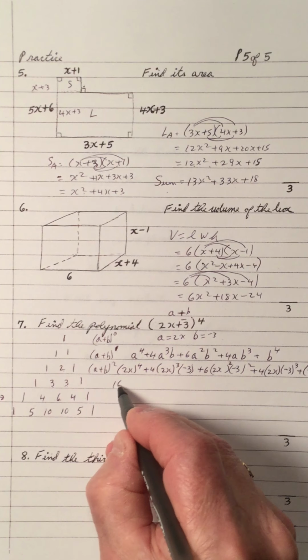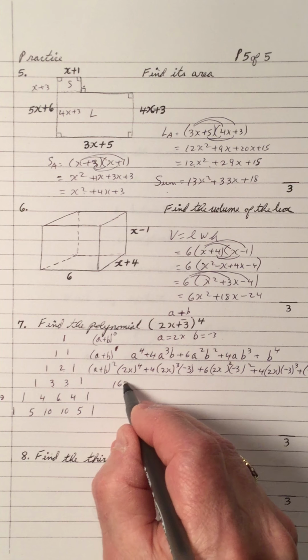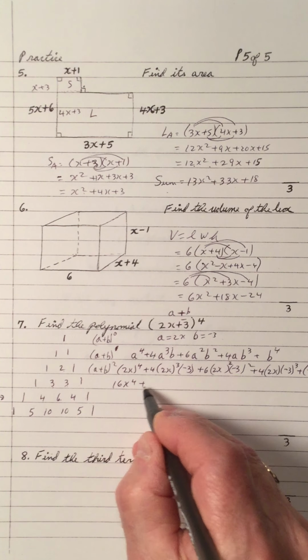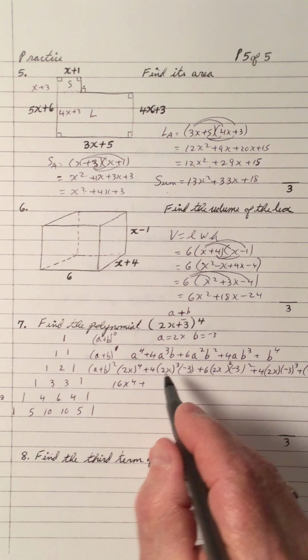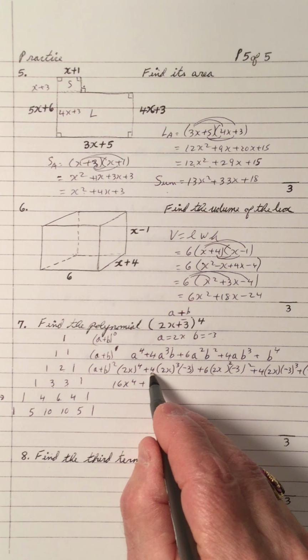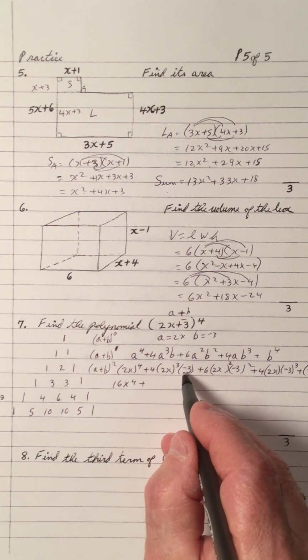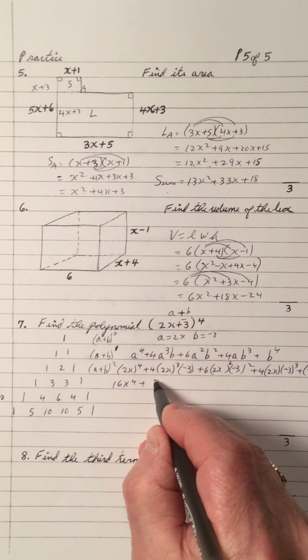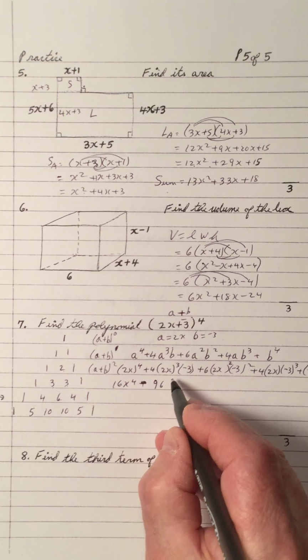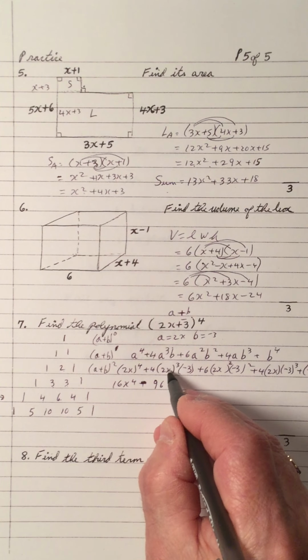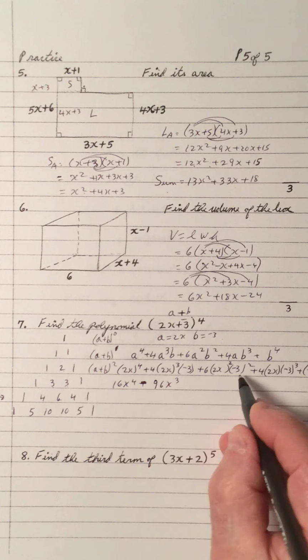2 to the 4th is 16. 2 times 2 times 2 times 2. X to the 4th. And what I do is I do my numbers here. I got to be careful because that's an 8 times 4 is 32 times 3 is 96, but it is negative. Let's make it negative. And 2x, if the x is cubed, is x cubed.